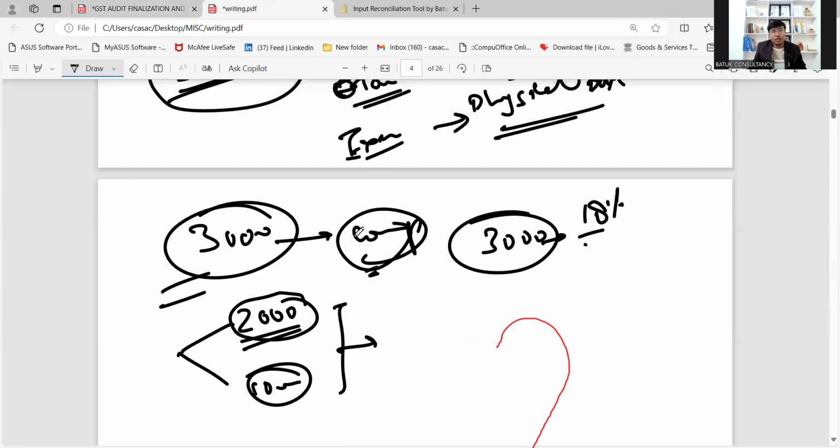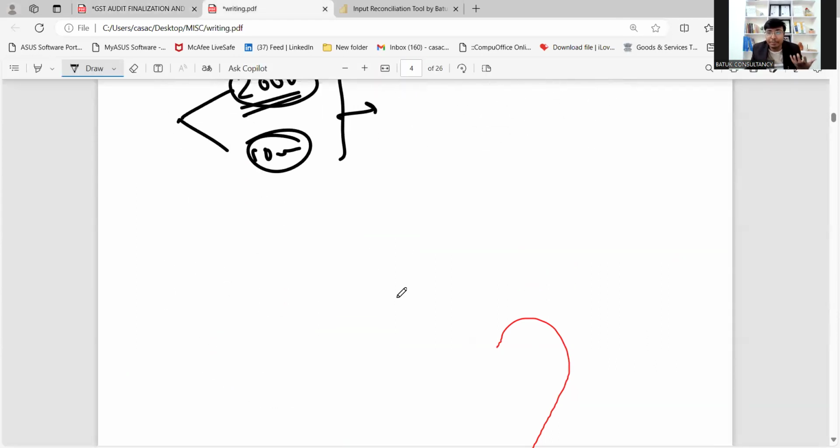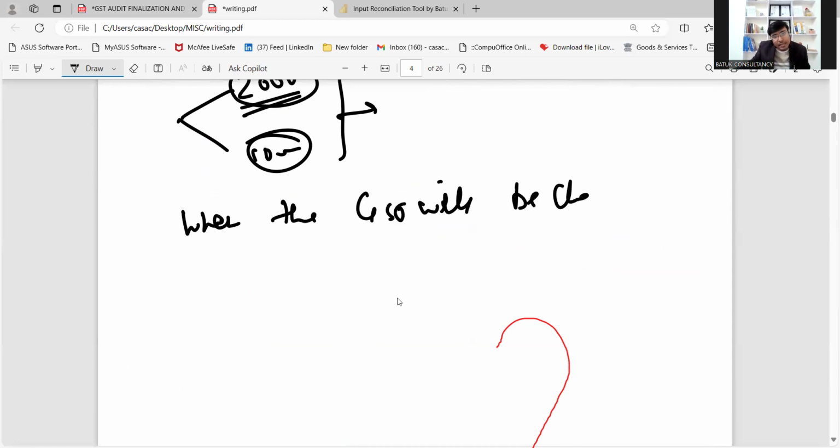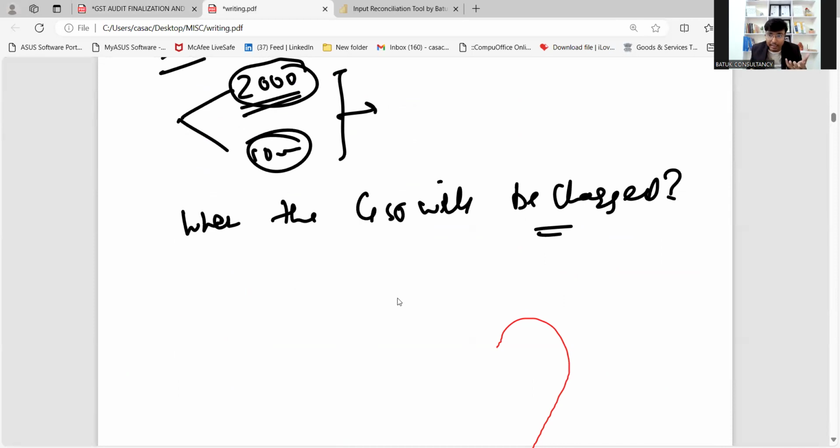Sir, can I ask you one question? You all are very knowledgeable people. When will GST be charged? This is my question to all of you: GST कब लगेगा? Please provide the answer in one word. Fast.